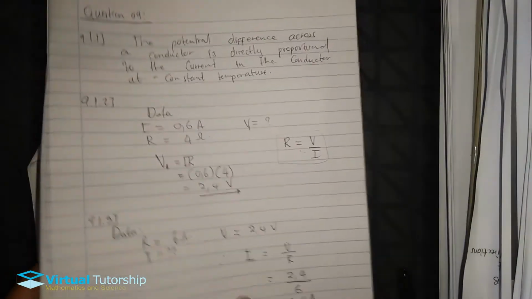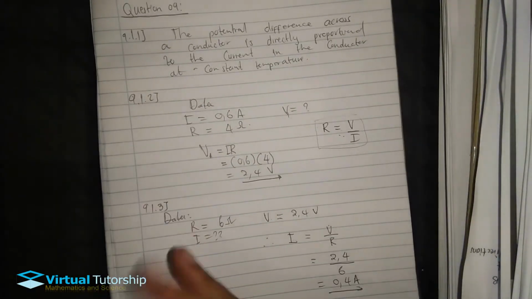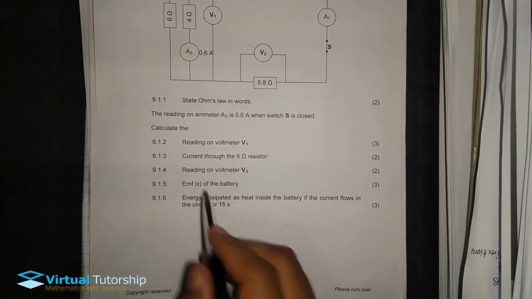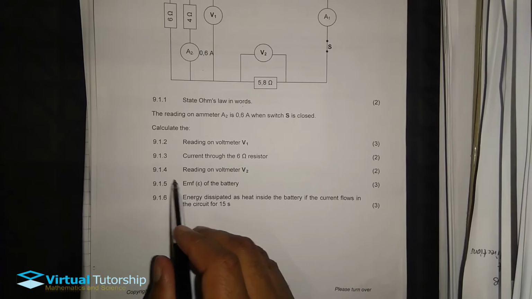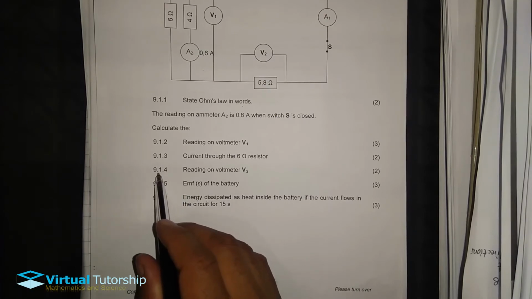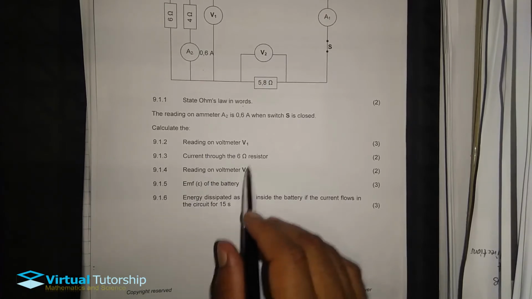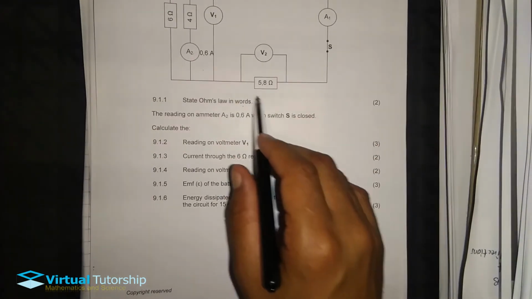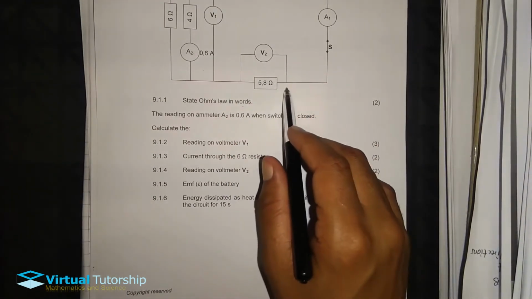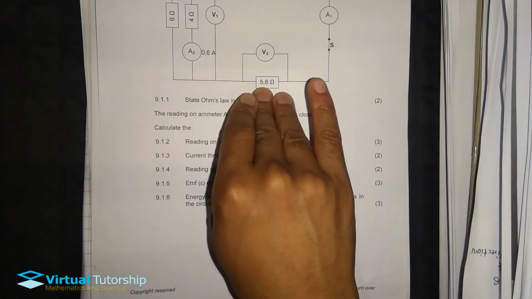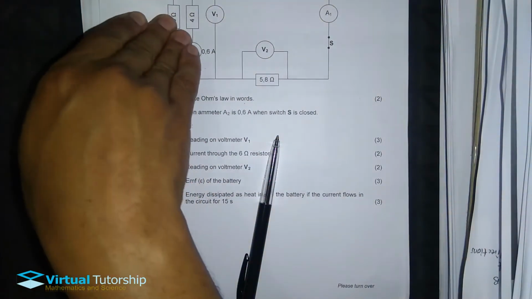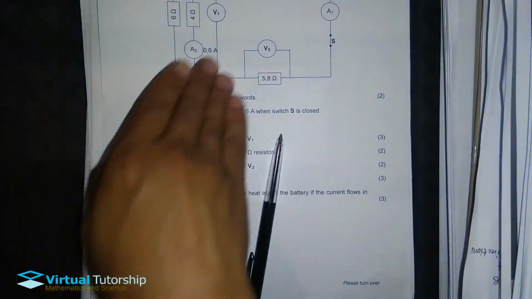So in this question, especially 9.1.4, they say calculate the reading on voltmeter 2. In order to calculate V2 I need the current flowing through the 5.8, and the 5.8, as I've mentioned earlier, is connected in series with the parallel connection.